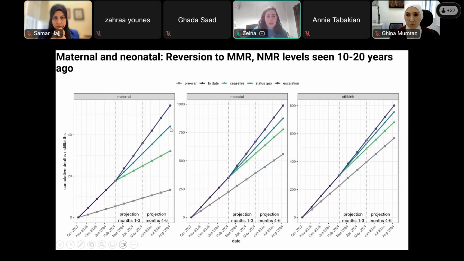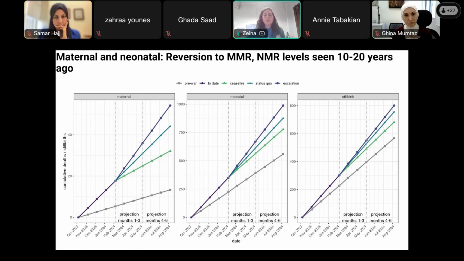Maternal mortality is actually not the biggest, but it leads to around 50, I think, at that point during 6 months of projections. But the key indicator that we look at is maternal mortality ratios, where we see levels of healthcare that go back 10 to 20 years in Gaza.